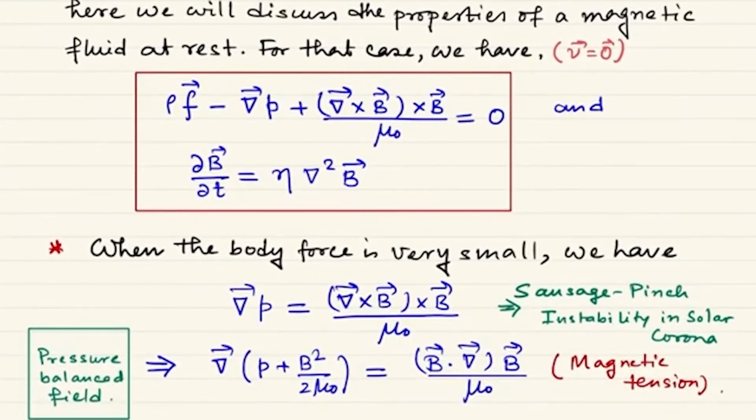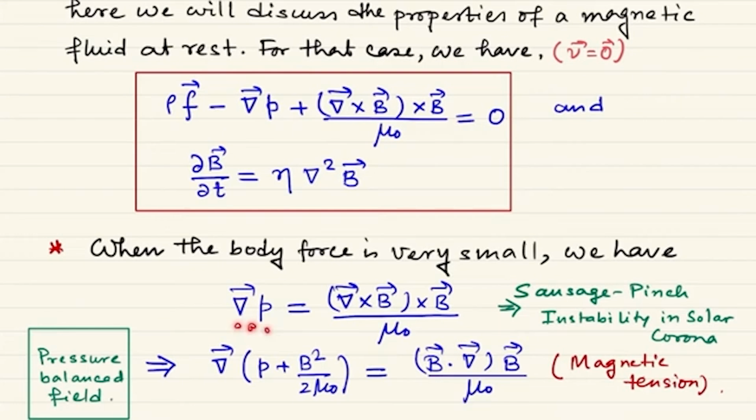Now when the body force is very small, as in most space and astrophysical cases, where the gravitational force is very small with respect to the pressure gradient force and the magnetic Lorentz force, for example on the solar surface, which is a very good example, then this term can be neglected and we simply have a balance between these two terms, exactly what is written over here.